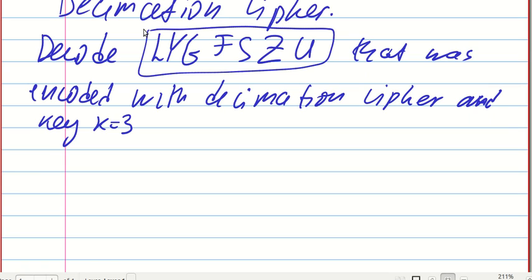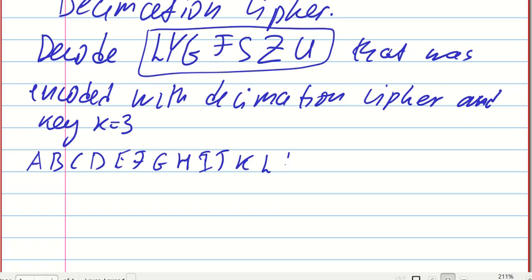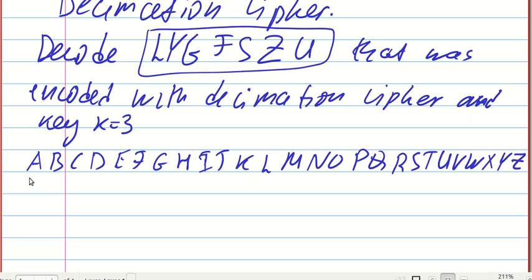So for this we're going to need an alphabet. So let's try to write down the alphabet: A, B, C, D, E, F, G, H, I, J, K, L, M, N, O, P, Q, R, S, T, U, V, W, X, Y, and Z. So we start with 0, 1, 2, 3, 4, 5, 6.